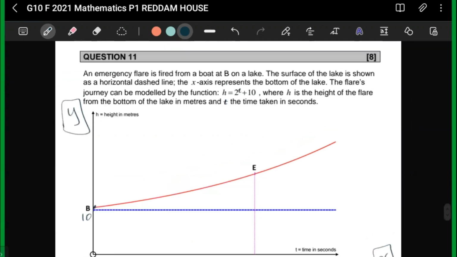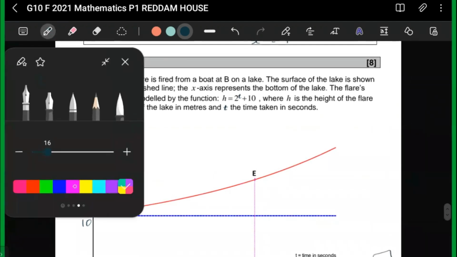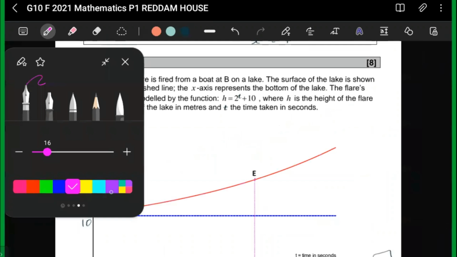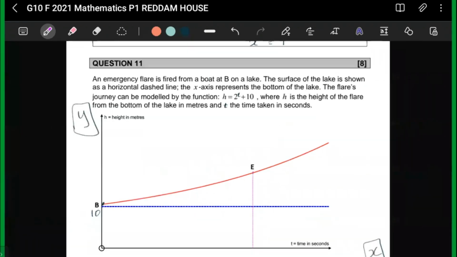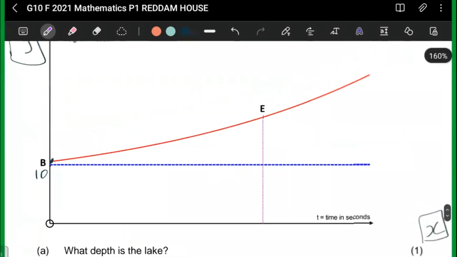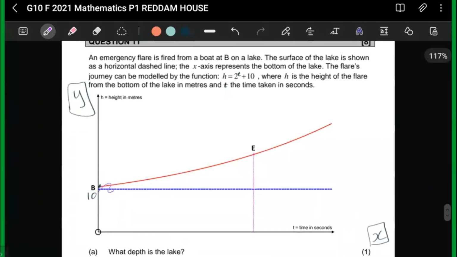So just because I'm using a real life scenario does not mean that your way of thinking when it comes to Cartesian planes changes. It does not. So here it says, what depth is the lake? Remember they said this is the surface of the lake, and that h is the height of the flare from the bottom of the lake in meters.